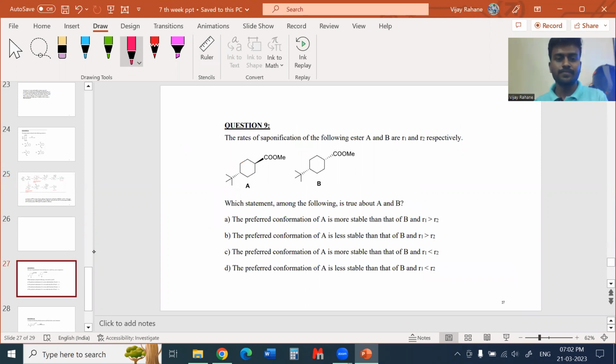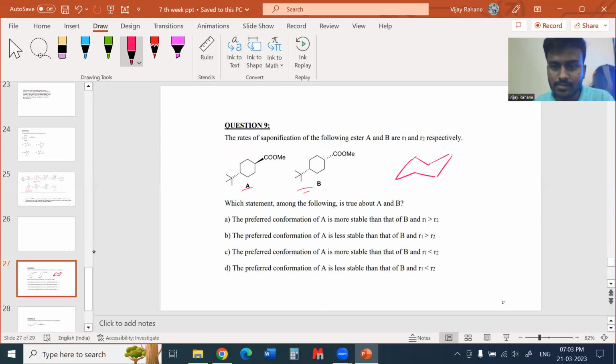So the next question is the rate of saponification of the following esters A and B, R1 and R2 respectively. They have given two esters. The first ester we will draw in chair form.